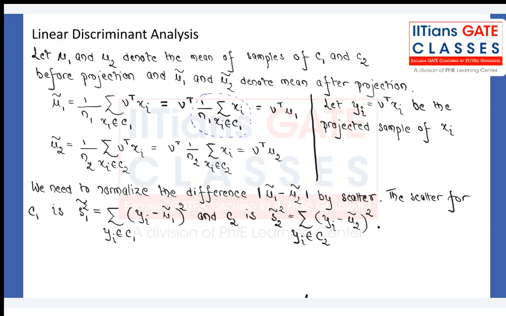So the goal is to project the data on a line having direction given by the unit vector v that maximizes. So what is the cost function now?